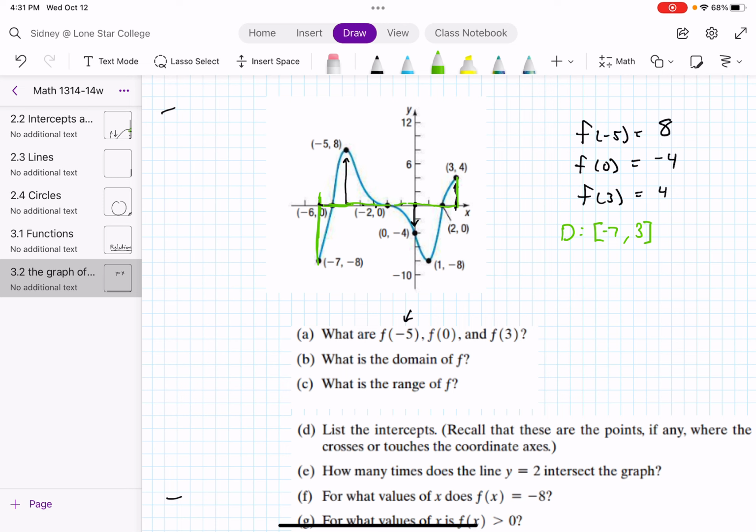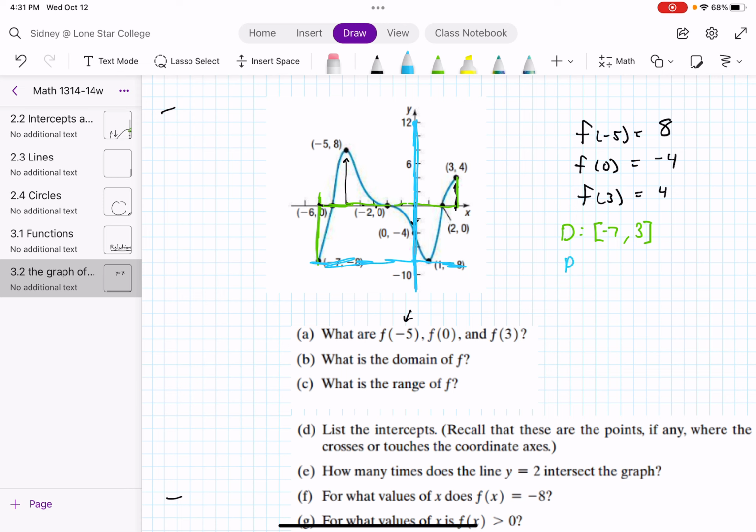Now range is all the y values used. And so we're going to look at the y values. And once again, interval notation is lowest value to highest value. So we look, what is the lowest, or physically the lowest, y value used on this graph? And hopefully you can see this right here. Those points are at -8.